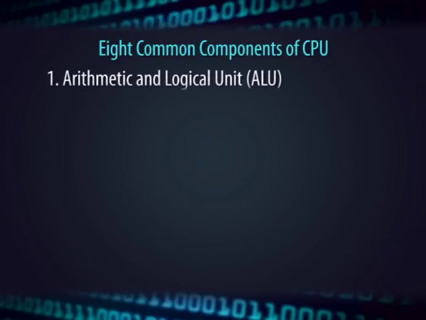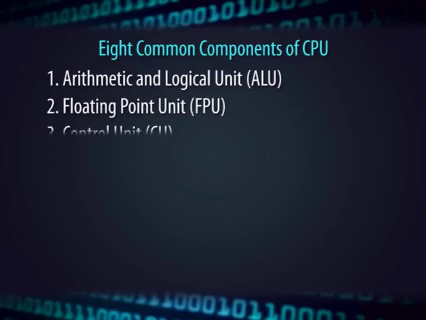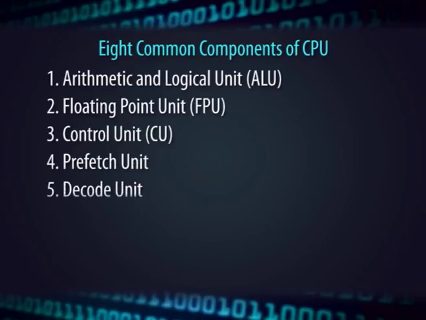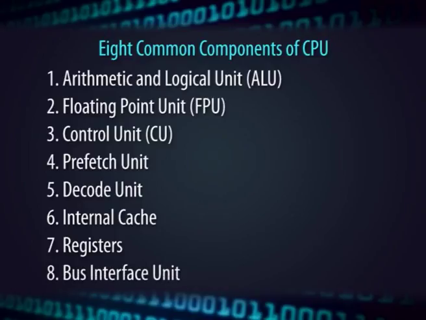There are 8 common components in every CPU, which are: first, arithmetic and logical unit, called ALU in short. Second is floating point unit, which is called FPU in short. Third is control unit, which is called CU in short. Fourth is prefetch unit. Fifth is decode unit. Sixth is internal cache. Seventh is registers and eighth is bus interface unit.